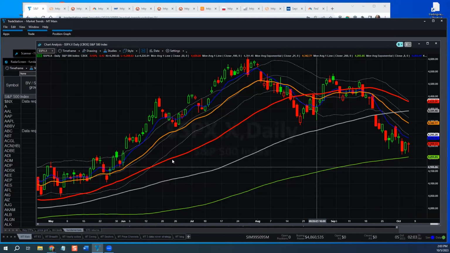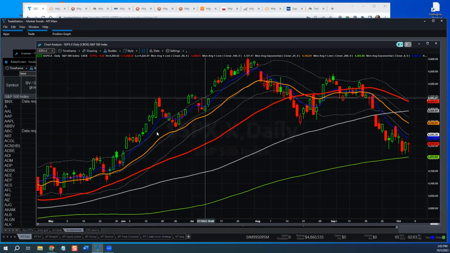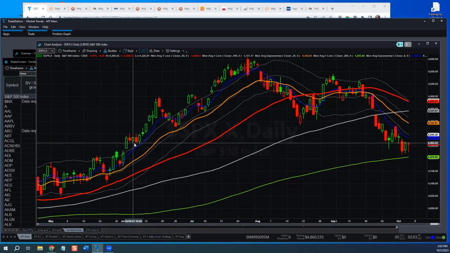Now there's another level coming into play that we talked about last week, and we did bounce at it. Last week we were talking about this level around 4,260-ish. We had a breakout back in early June, then rallied to new 52-week highs, basically holding around the 4,261 area.